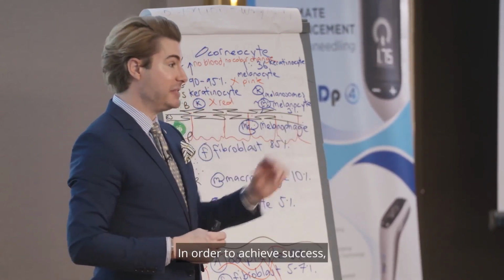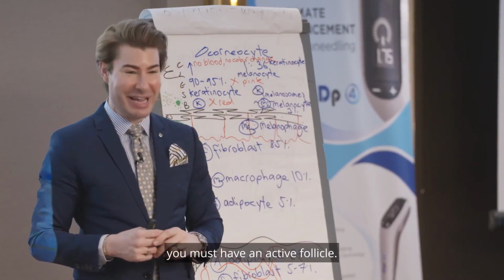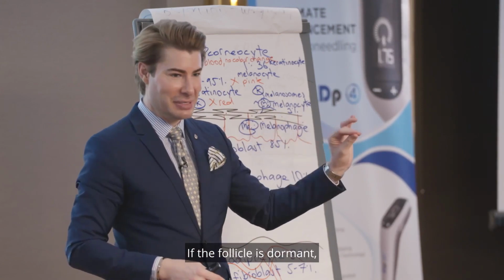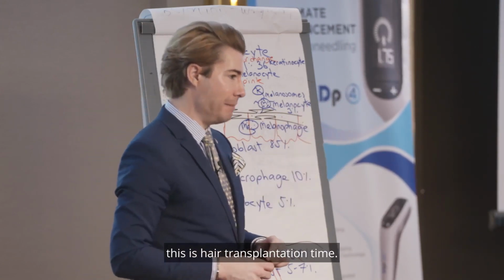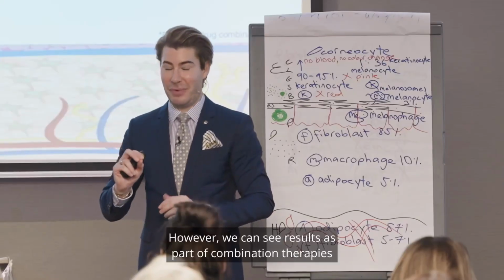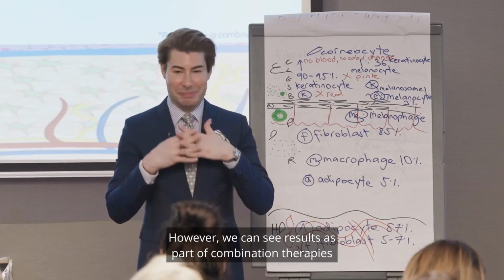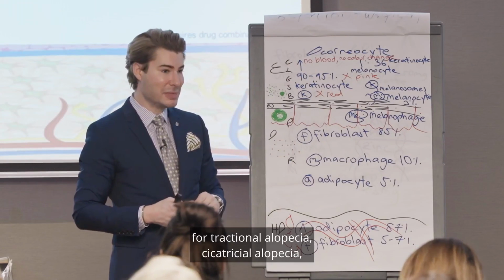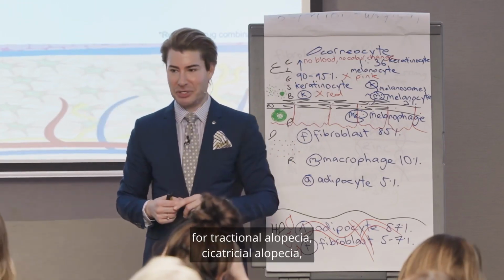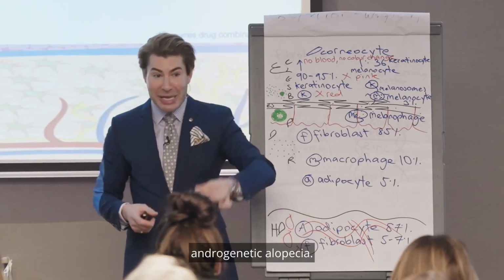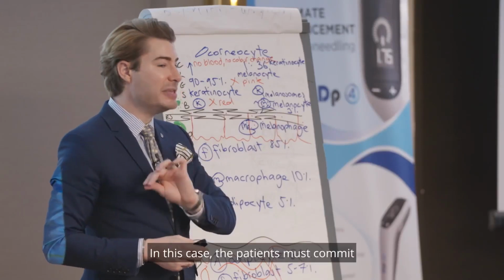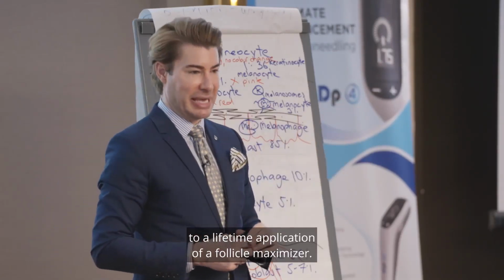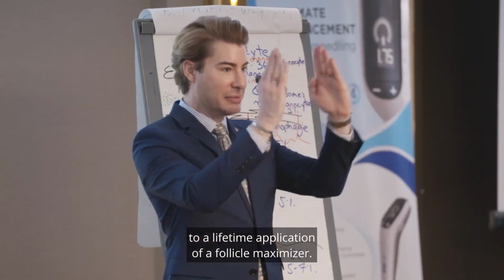In order to achieve success, you must have an active follicle. There must be a bulb. If the follicle is dormant, this is hair transplantation time. However, we can see results as part of combination therapies for tractional alopecia, cicatricial alopecia, androgenetic alopecia. In this case, the patients must commit to a lifetime application of a follicle maximizer.